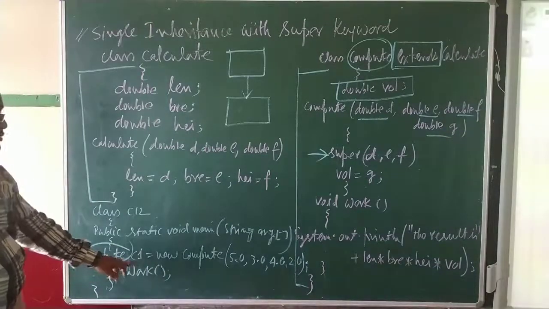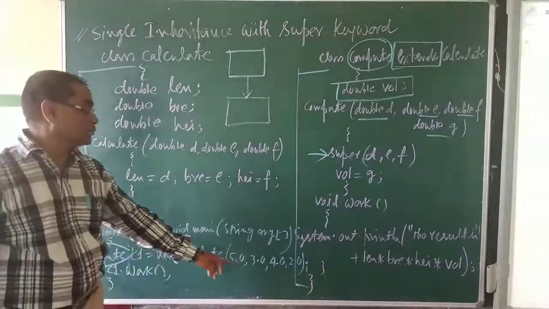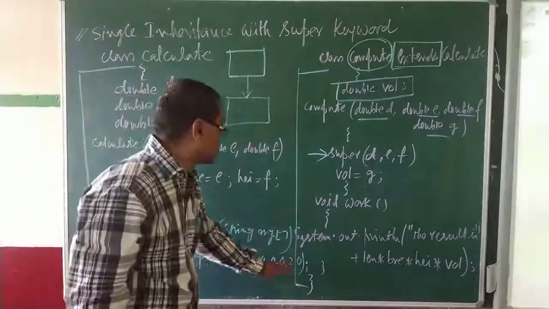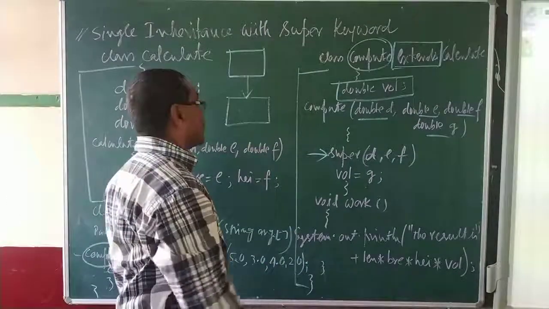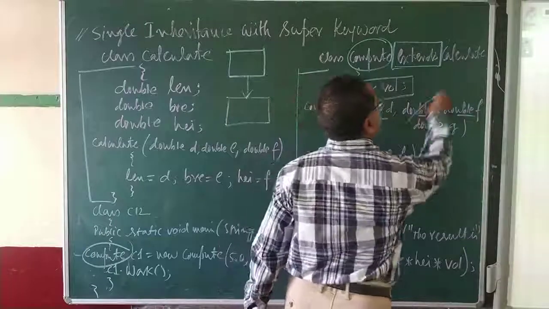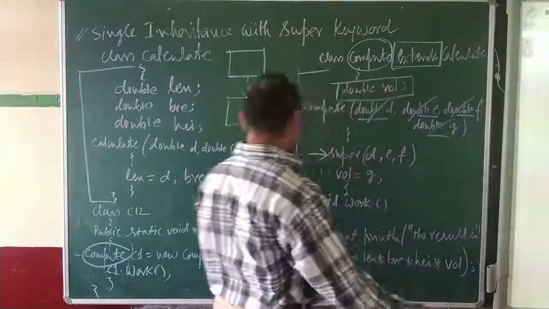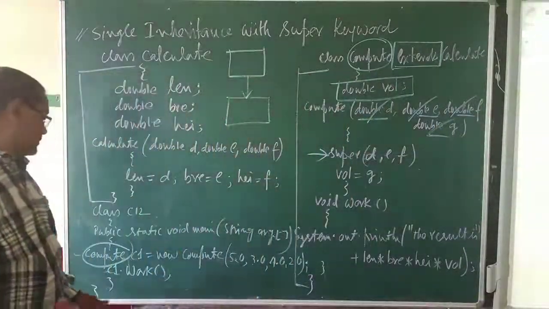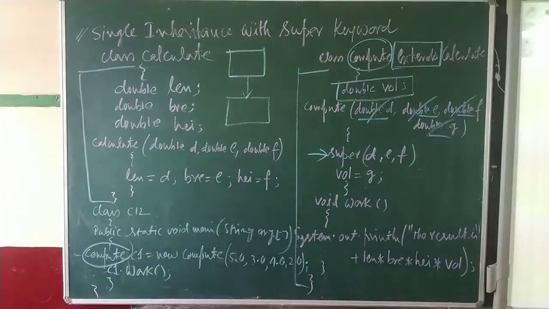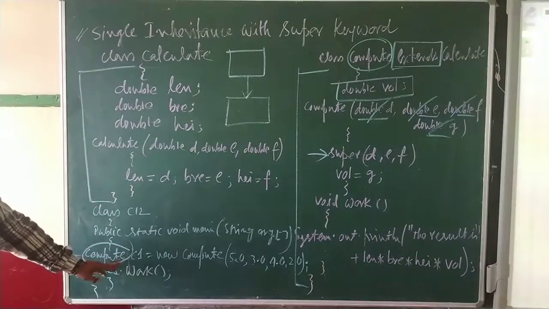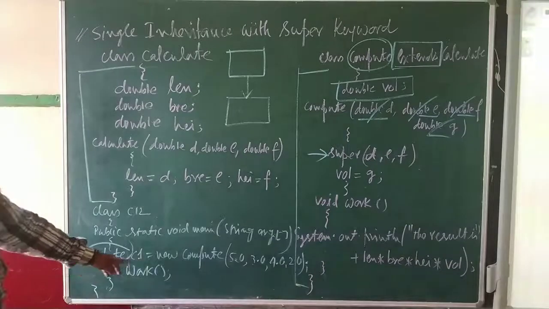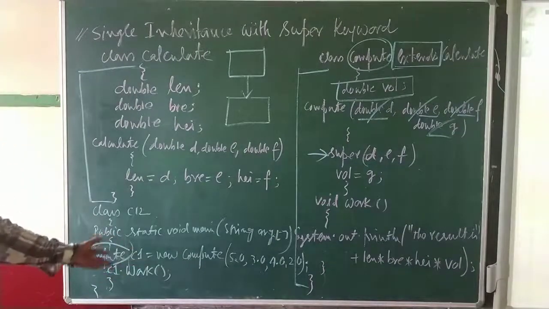Compute C1 equal to new compute, and we give the values 1, 2, 3, 4, because there are 4 variables. So I give the 4 values, and then we call C1's function. See how it is used. This is the way it will work. C1 is the object, and you can execute from here.